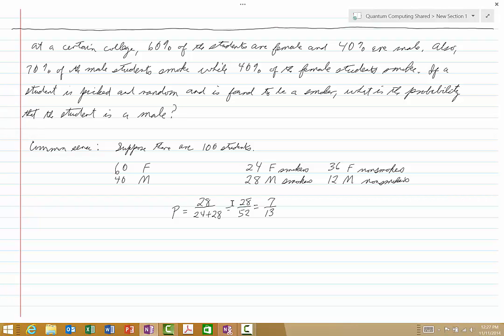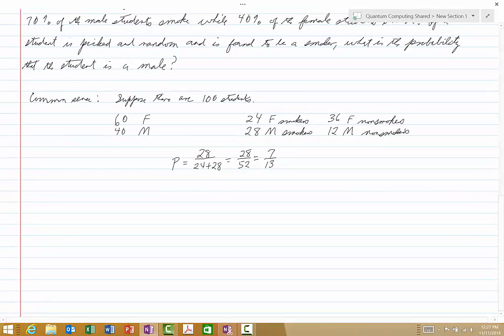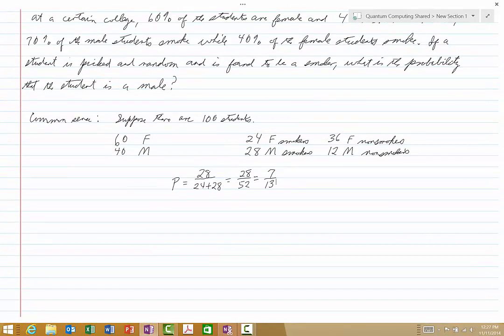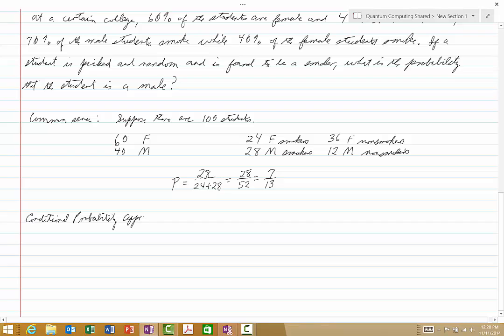Now I'd like to show you how to approach this problem using conditional probabilities. So we'll say conditional probability approach. And since it's off the screen, I'll just write our formula once again.